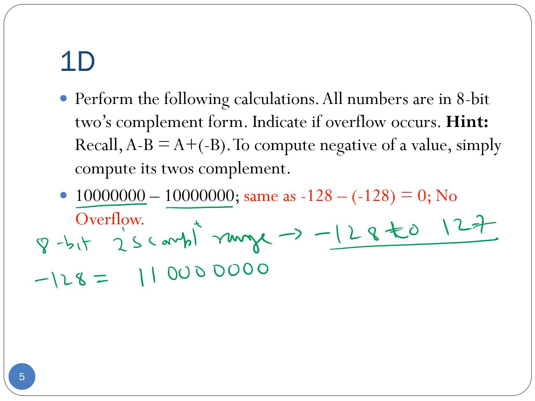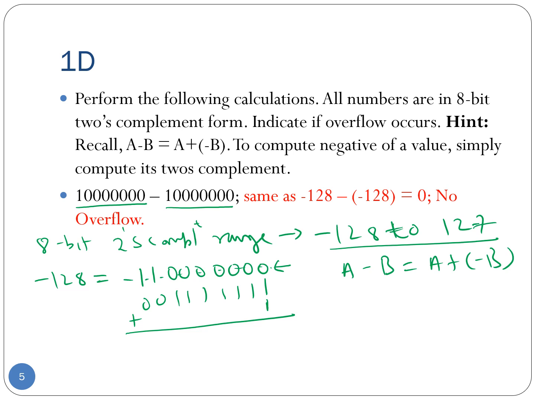Now once again we use the same trick that a minus b is the same as a plus minus of b. So to compute minus of b, we should compute 2's complement of this number. So once again flip the bits, so zeros become ones and ones become zeros, and then forget about the original number and to the second number here, add a 1. So we get 1 plus 1, 1 0.